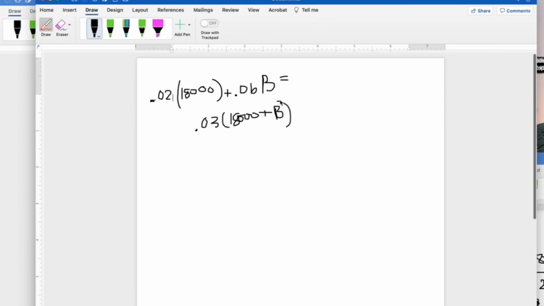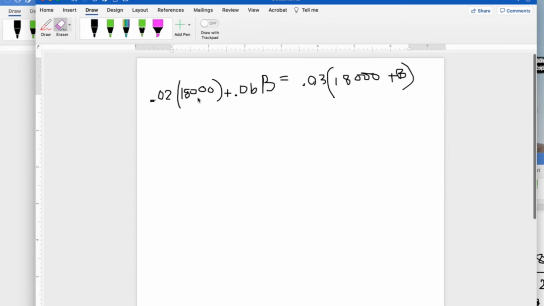We're looking for B. We have an equation, and we can go ahead and write this over here, 0.03, so we have everything on the same line. It makes it a little bit easier: 18,000 plus B. We're going to erase this part right here and multiply.